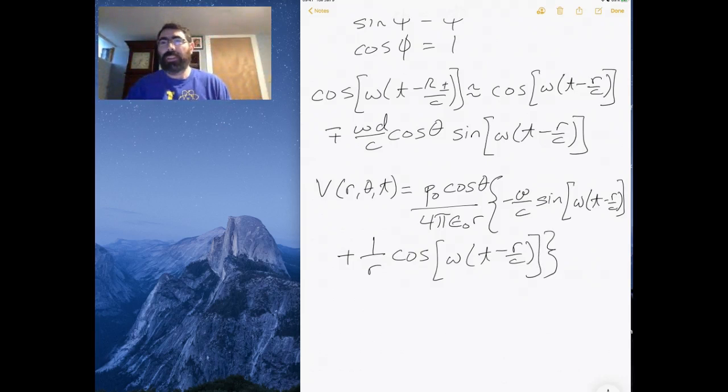And that's it. Basically I multiplied out those two terms, and essentially put in the dipole moment term.